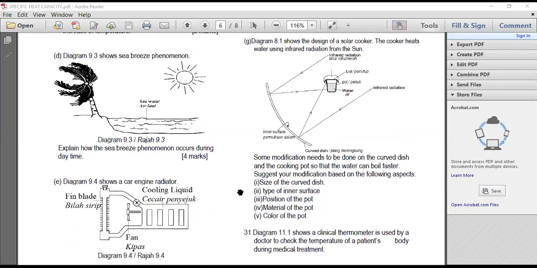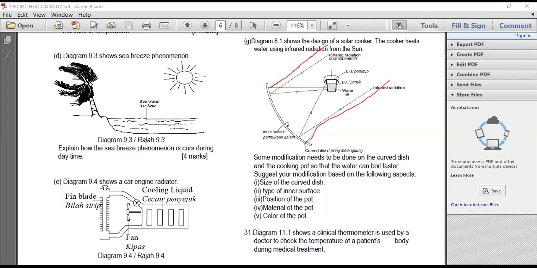Okay, another example. Diagram 8.1 shows the design of a solar cooker. The cooker heats the water using infrared radiation from the sun. Some modification needs to be done on the curved dish and the cooking pot so that the water can boil faster. Suggest the modification based on the spec. Size of the curved dish: this is a concave reflector, so when the light rays come, they will be focused.